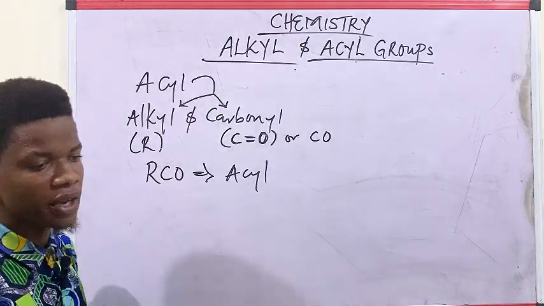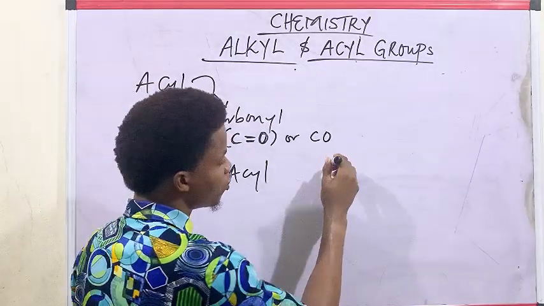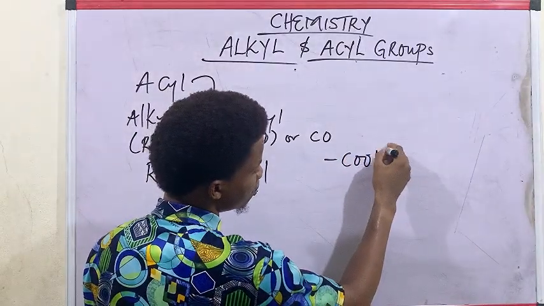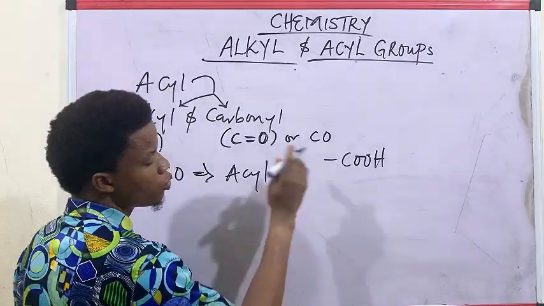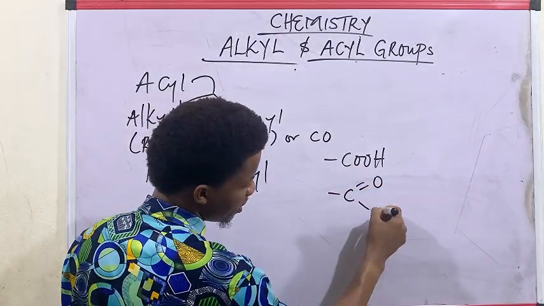So if you look at the alkanoic acid, for example, looking at the functional group, the functional group is what? COOH. Now, when you open this structure, you get C double bond O and then OH.